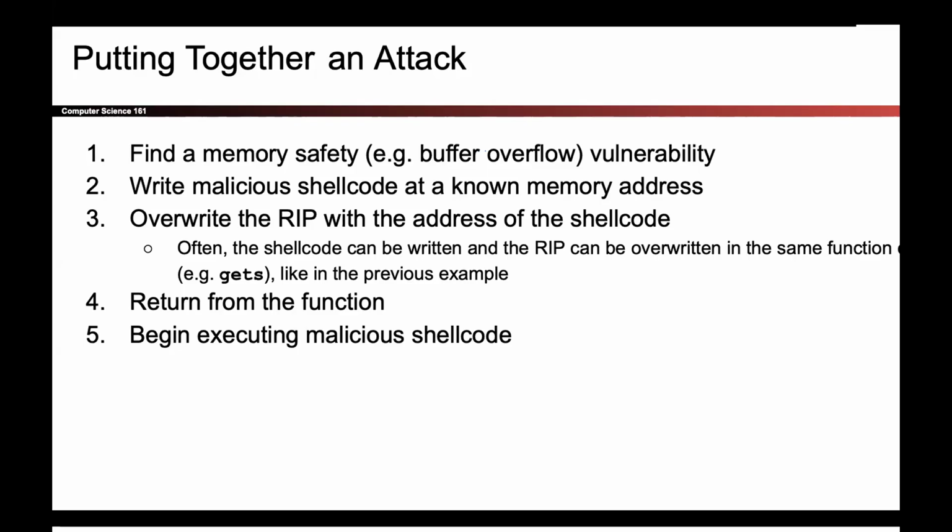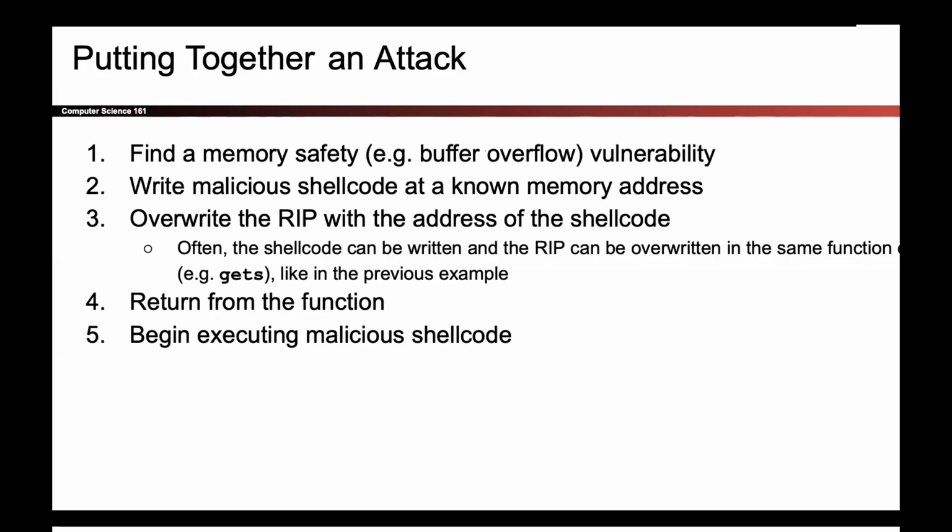Maybe they provide the shellcode as their name or as some other input to the program, so the copy gets made in memory. Then they're going to exploit the buffer overrun vulnerability to overwrite the RIP with the address of where that shellcode is stored. So they're going to have to be able to predict what address that shellcode is getting stored at. That's going to be one of the steps they'll have to do.